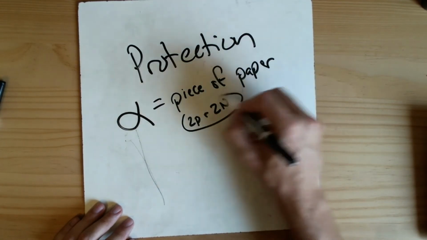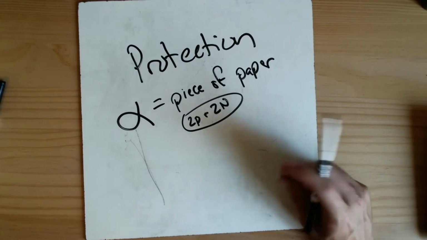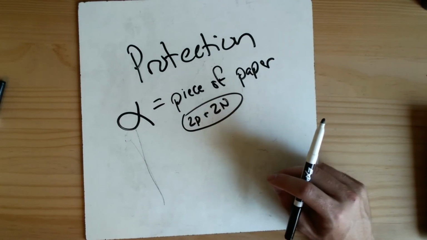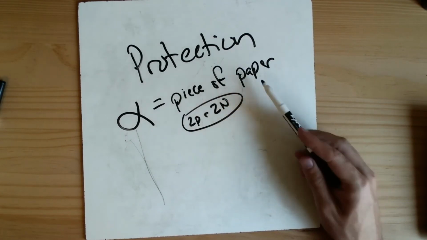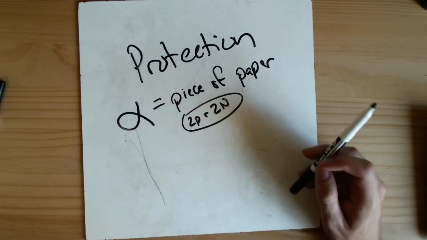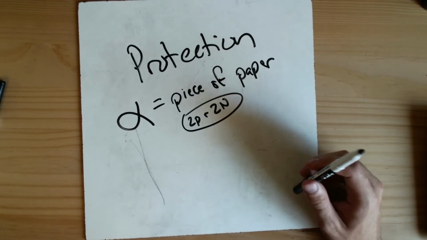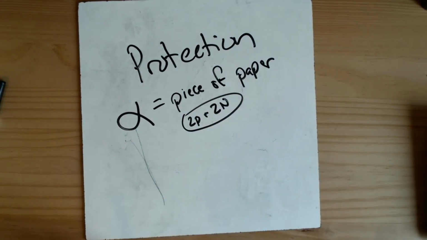This is a fairly large particle, relatively, so it's not able to fly very fast or go very far. In fact, a few centimeters of air is enough to stop alpha radiation, but realistically you could block it with a piece of paper. Your clothing is good at stopping alpha radiation. It is by far the least dangerous one that you have to deal with.